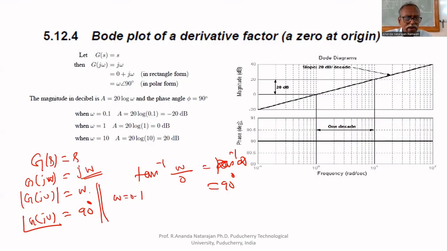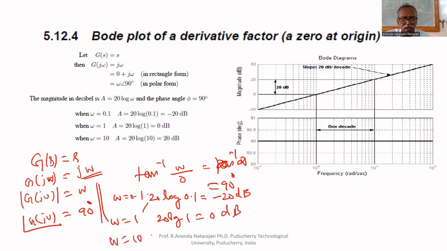What will happen if omega equals 0.1? Substituting, 20 log 0.1, that is 10 power minus 1, gives minus 20 dB. When omega equals 1, 20 log 1 equals 0 dB. When omega equals 10, 20 log 10 equals 20 dB.